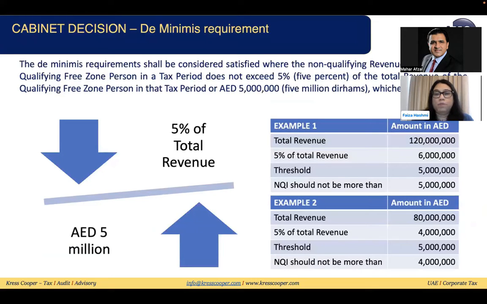So the de minimis requirement, which we had discussed earlier, was one of the conditions: the qualifying free zone person cannot breach this de minimis limit. This requirement came to ensure that qualifying free zone persons are driving the bulk of their income from qualifying activities, and it allows that if there are certain income generating activities which do not fall under qualifying activities, they are allowed to have a certain percentage of income generated from those and still maintain their status.